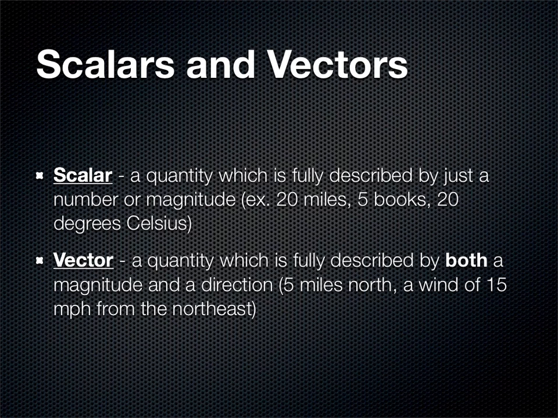But if I go 5 miles north, which as you know is different than going 5 miles south, that's a vector. If I say the wind is 15 miles an hour, that's just a number, that would be a scalar. But if I say the wind is 15 miles an hour from the northeast, that is a quantity called a vector because the direction matters.